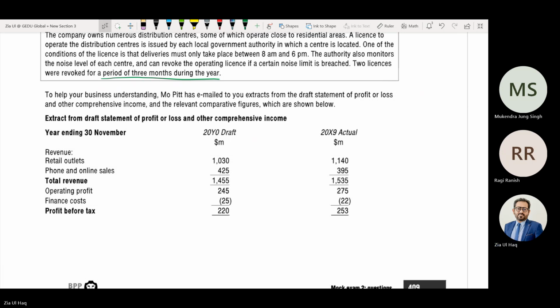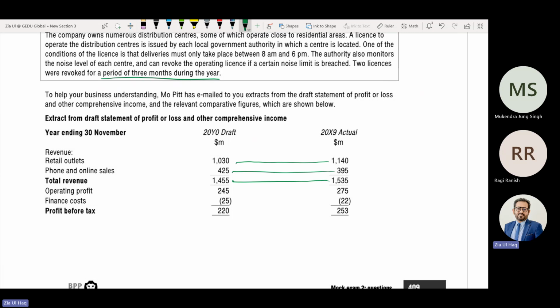Revenue. There are 2 types of revenue, retail outlet and phone and online sale, meaning e-business. If you look at revenue from 2009 to 10, retail outlet revenue has decreased, online sale has increased, but overall revenue has decreased. Company revenue has declined by this percentage. Can we calculate the percentage as well?